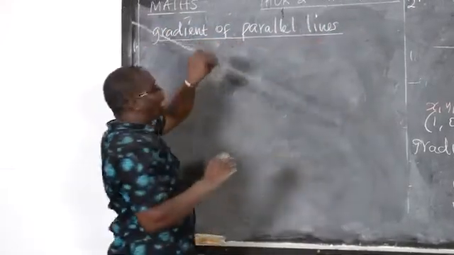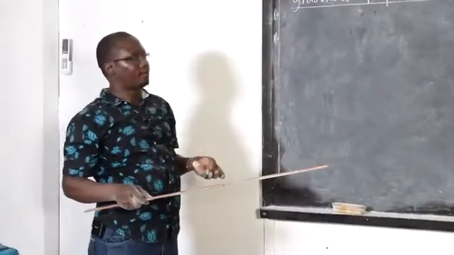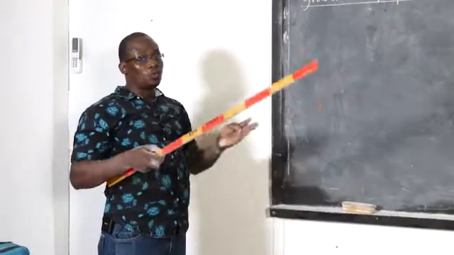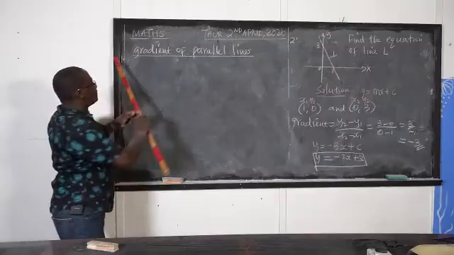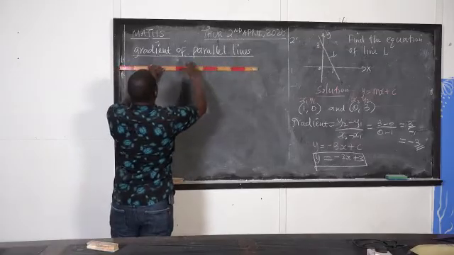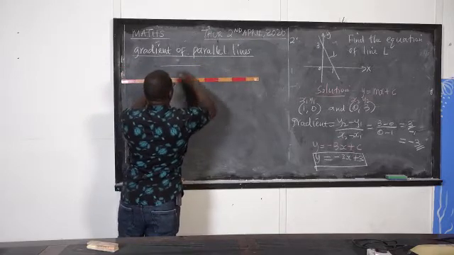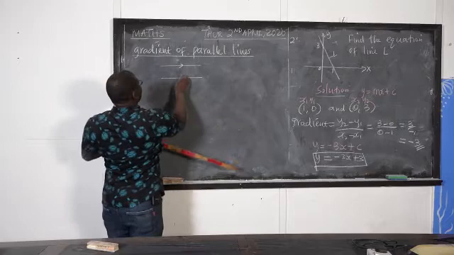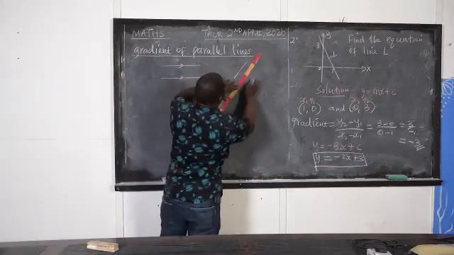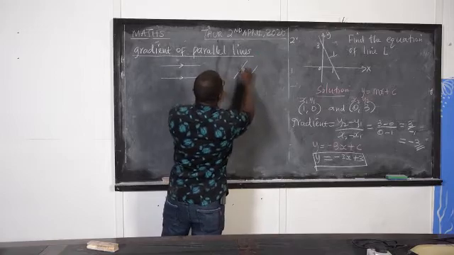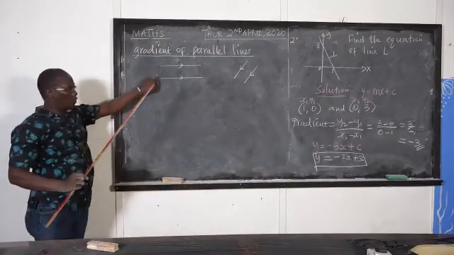The gradient of parallel lines is very important. When you talk about parallel lines, you need to know what parallel lines are. These are lines which do not meet because the distance between them is always the same. And we always represent them by an arrow. When I talk of parallel lines, those are the lines I'm talking about. They will never meet. The reason being the distance between them is always equal.